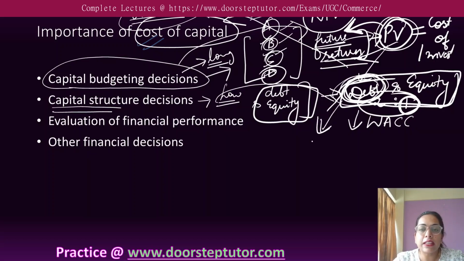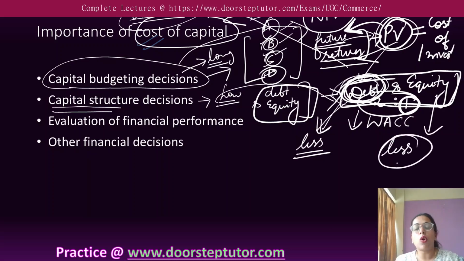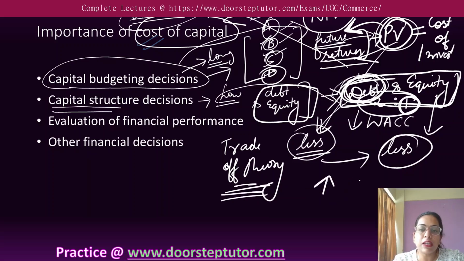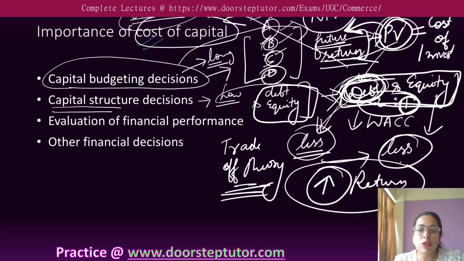The cost of debt is less, whereas the cost of equity is more. Equity is costlier than debt. So inclusion of both debt and equity in a capital structure is referred to as the trade-off theory, which says that including debt in the capital structure will give more return than only equity.